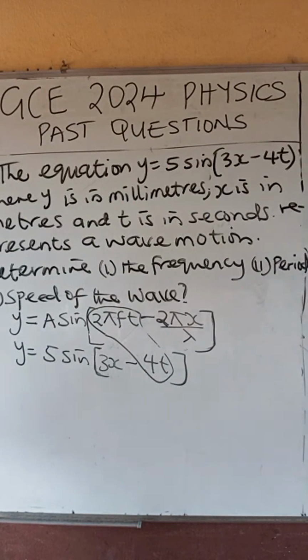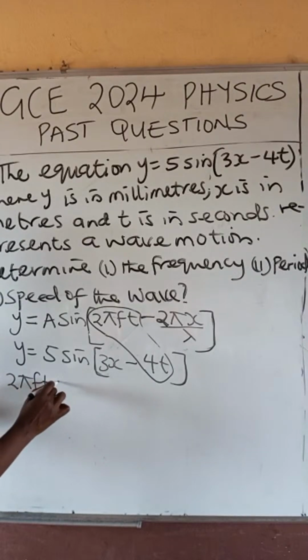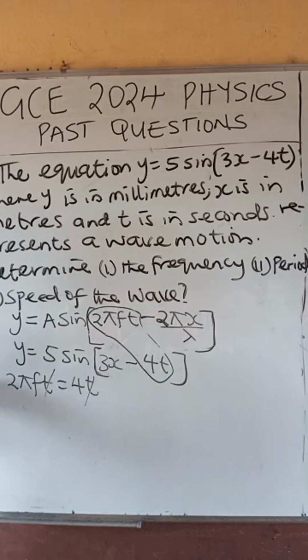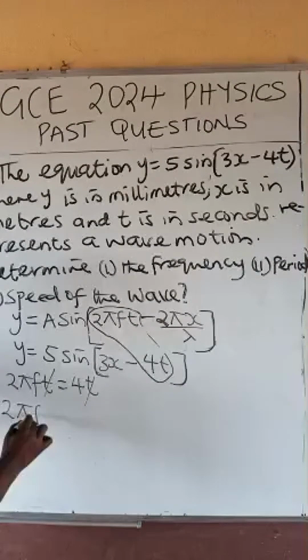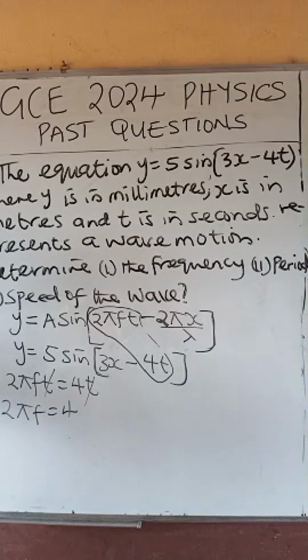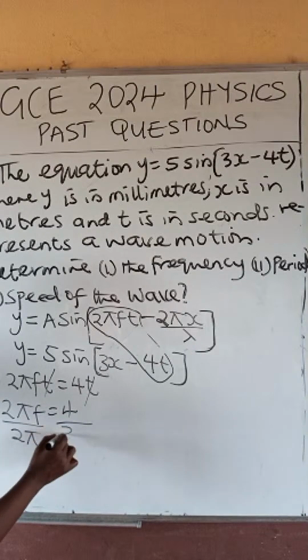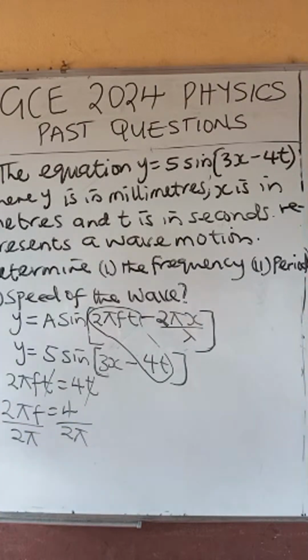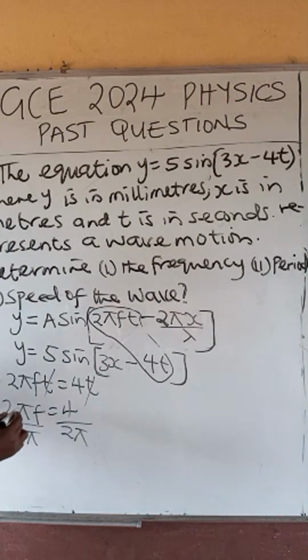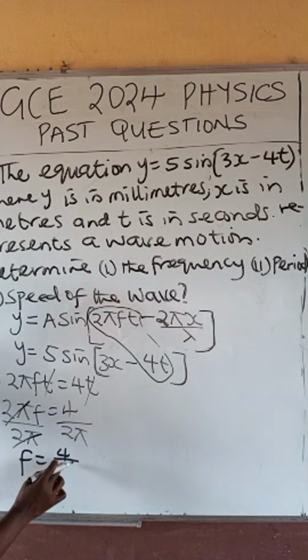So let's go, because I'm doing comparison. So I say the frequency, that is 2πft = 40, right? Then t cancels t, and I have 2πf = 4. Because I'm looking for f, I'm going to divide by the coefficient of f, which is 2π, right? Then 2π cancels 2π. f equals 4 over 2π.